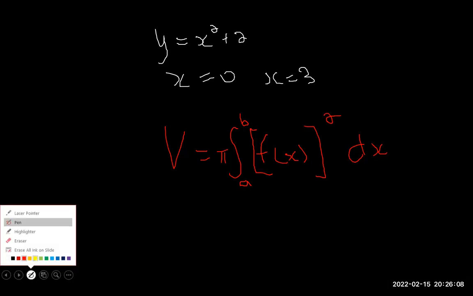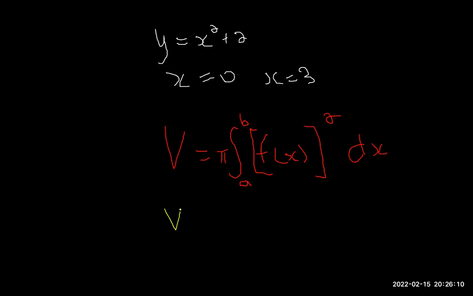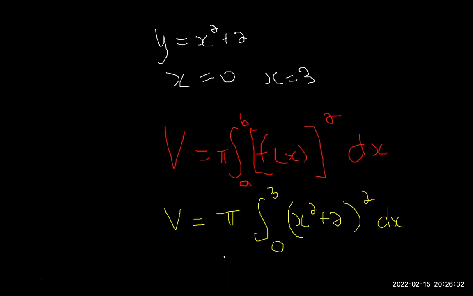V is equal to pi times the integral of x squared plus 2, all squared, dx. Upper limit b is 3, lower limit a is 0.